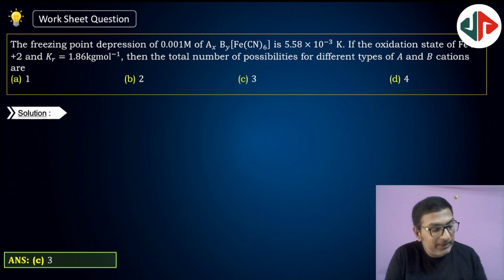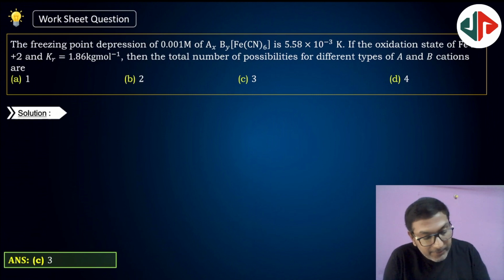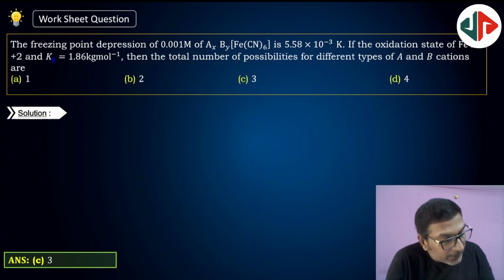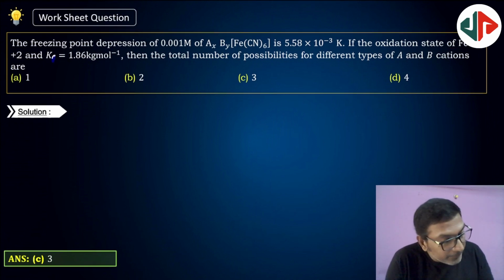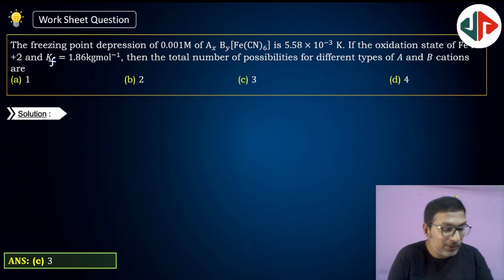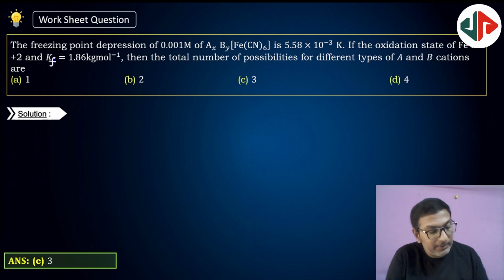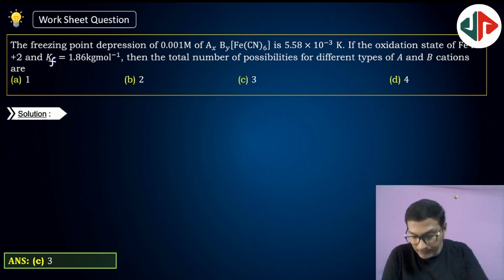The freezing point depression of 0.001 molal K4 Fe(CN)6 is given. Next, the oxidation state of iron is +2 and Kf equal 1.86, then total number of possibilities for different types of A and B cations are. So simple question only.